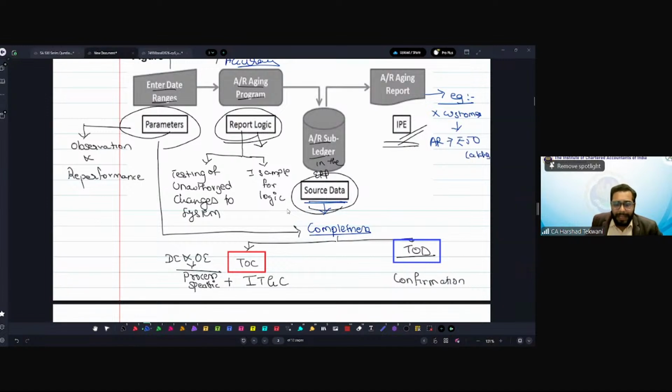But the confirmation for this particular ex-customer was rupees 60 lakhs. Now, there is an inconsistency. What will you do?